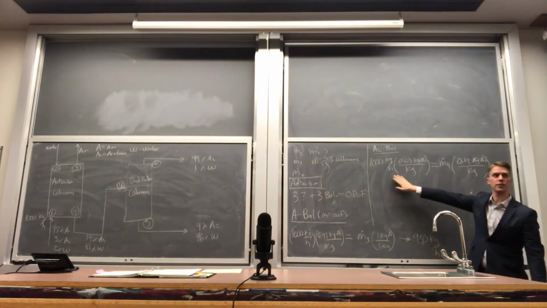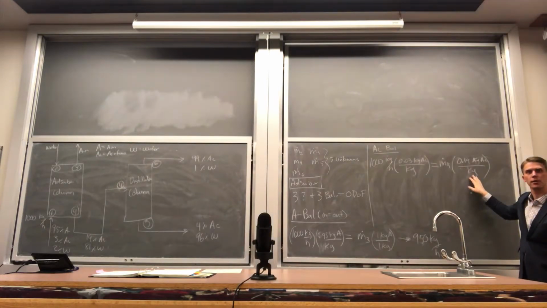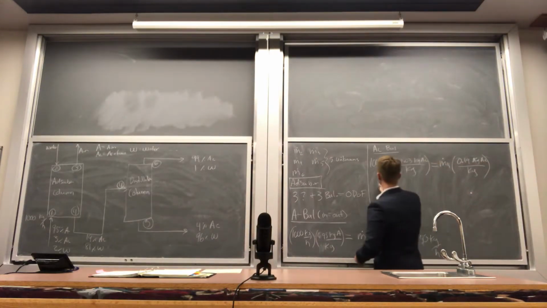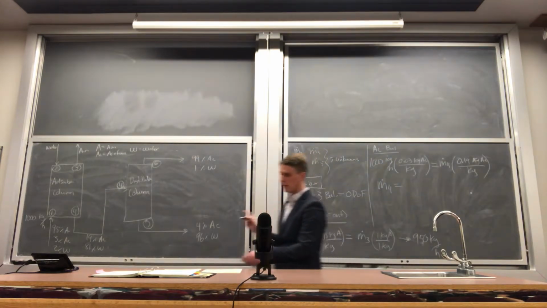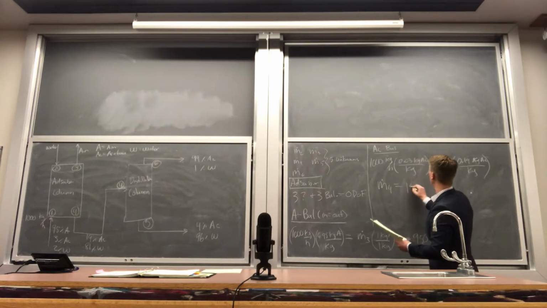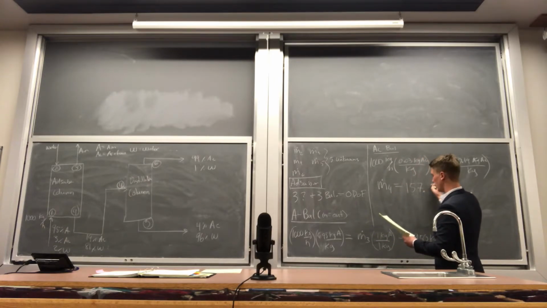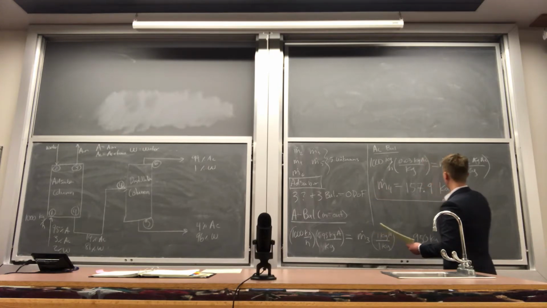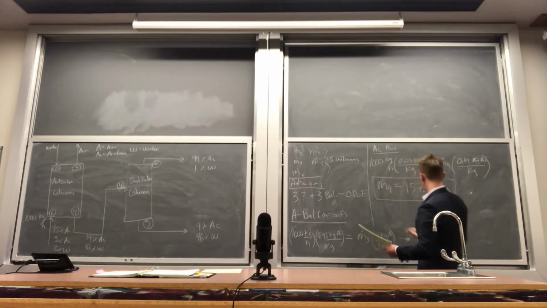This is all the acetone entering, and this is all the acetone leaving. From here, I've done the math out, m dot 4 is equal to 157.9 kilograms per hour. All right, so we are 2/3 of our way done.